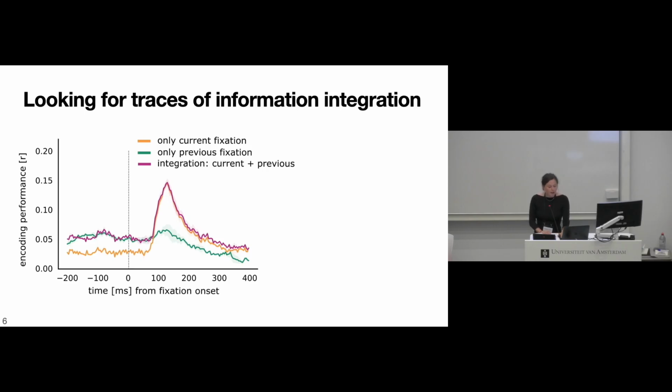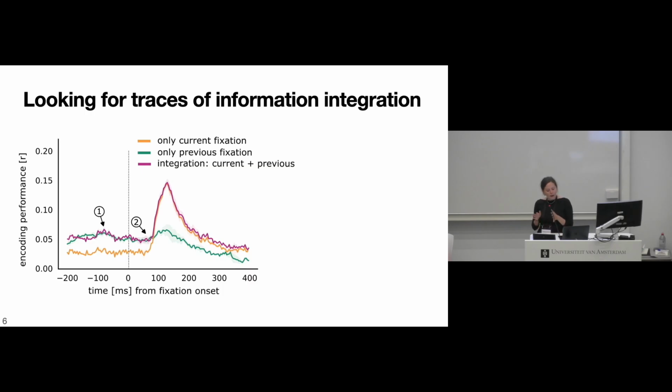What we do see, when you look at arrow 1, before fixation onset, is that the encoding performance is increased, again very similar or almost the same as when only encoding from the previous fixation. And then when you look at arrow 2, it does look as if the visual information from the previous patch is dragged a little bit into the current fixation, but then at about 80 milliseconds, there seems to be a handover and the visual information of the current fixation takes over.